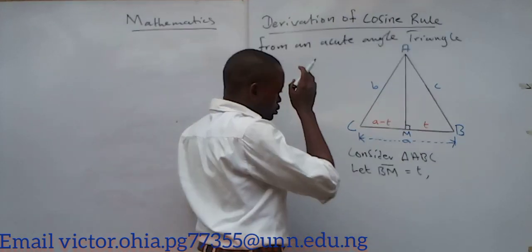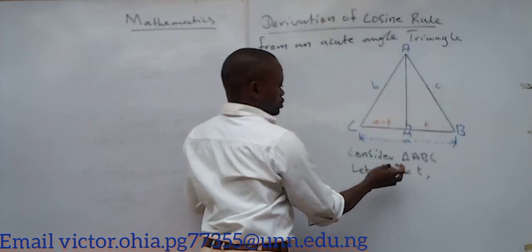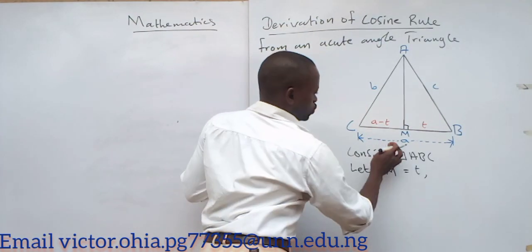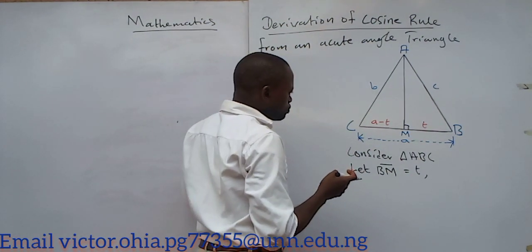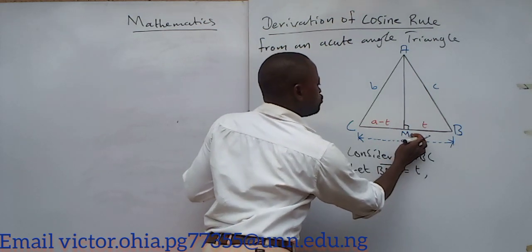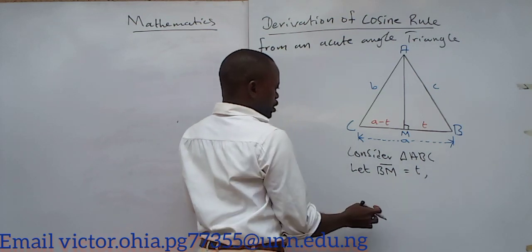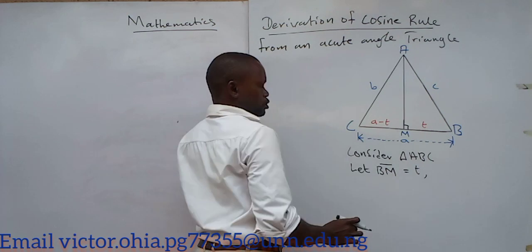Then you know that from here, this CB is represented with the letter A. That's why we marked it like this. Now, if from here to here is A, and we have removed this portion BM to be T, what is likely going to be from C to M?